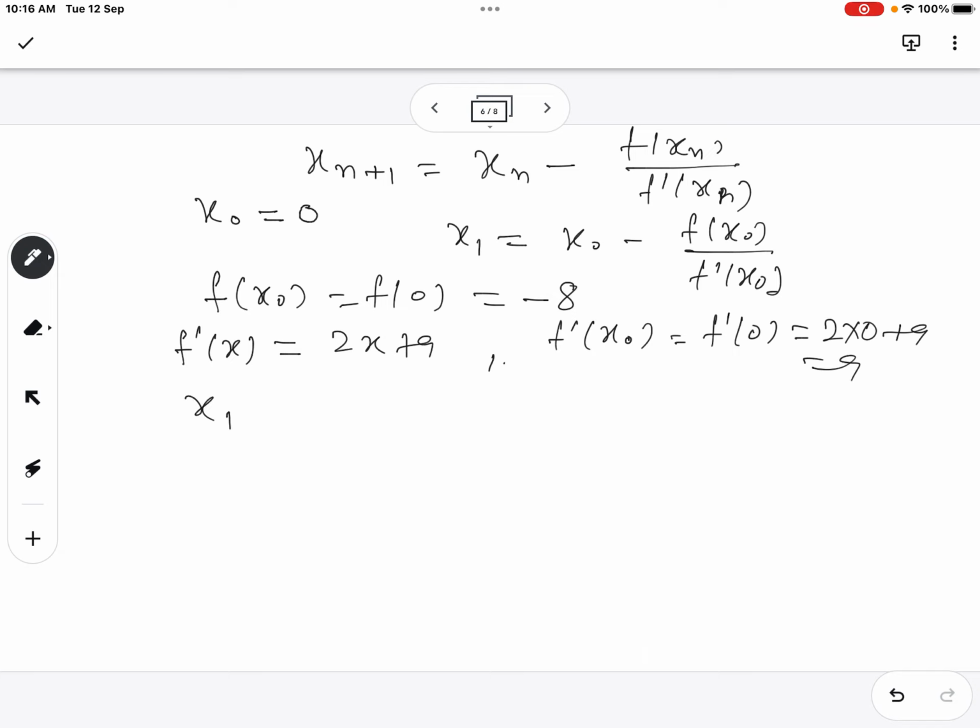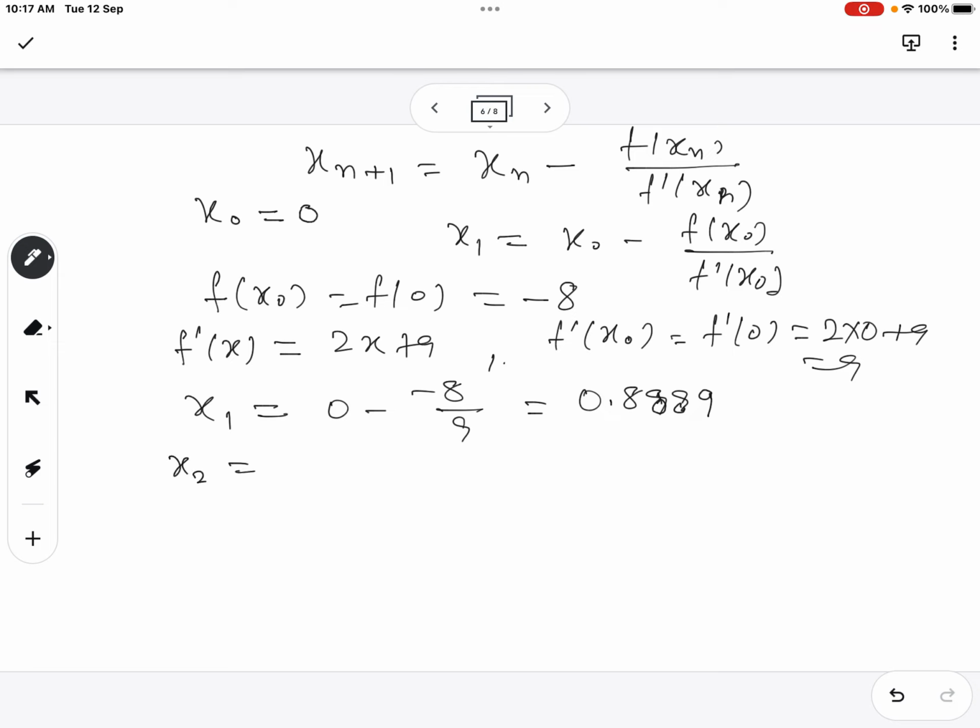So using this, x1 will come out to be equal to 0 minus 8 by 9, or my first approximation is 0.8889.